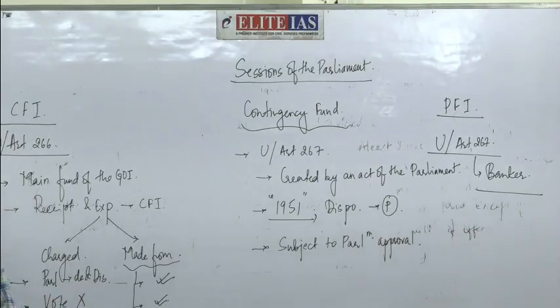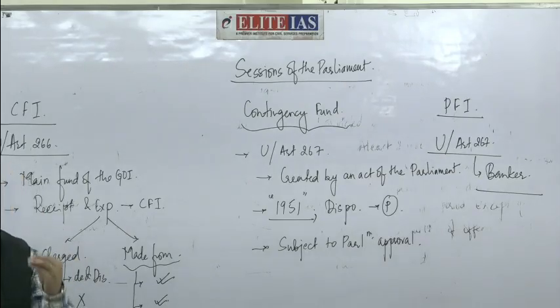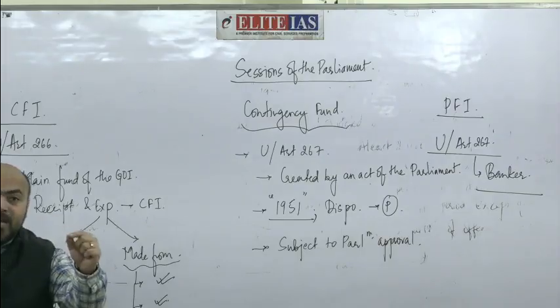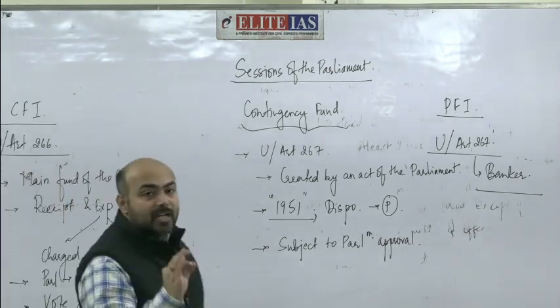That Rajya Sabha, by virtue of its position, does not have the authority to single-handedly either amend the bill or reject the bill. And that is the reason why we say Lok Sabha has overriding powers. Clear? Understood this idea? Any doubt that you have?